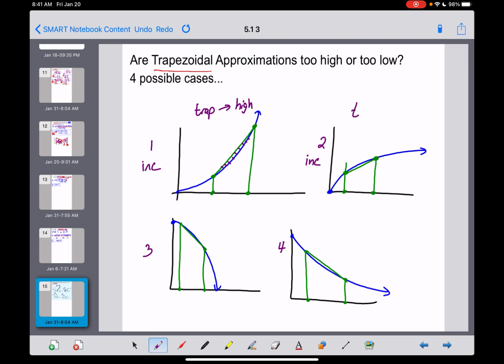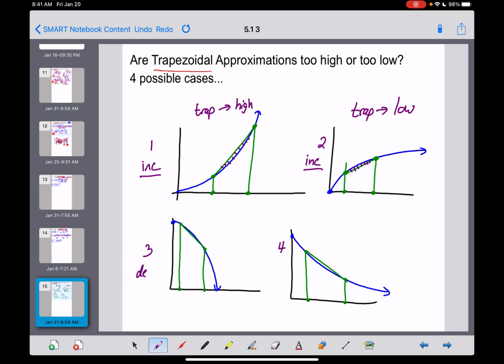And now it looks like in curve 2, this trapezoidal approximation is actually going to be too low. I'm missing area right there that is above my trapezoid, but below the curve. So that's interesting. When we were doing rectangles, curve 1 and 2, because they were both increasing, had the same result. But now with trapezoids, even though they're still both increasing, we have opposite results. Let's keep going, see if we can learn something else.